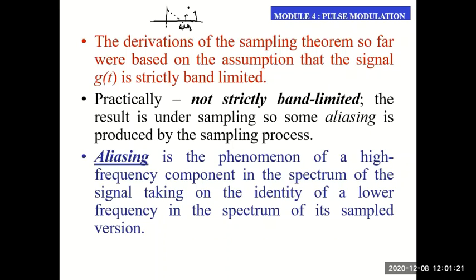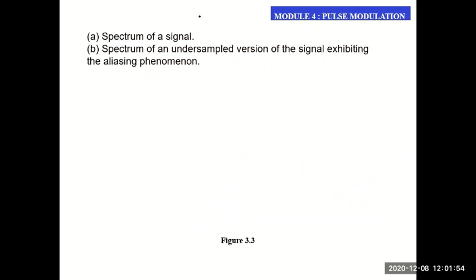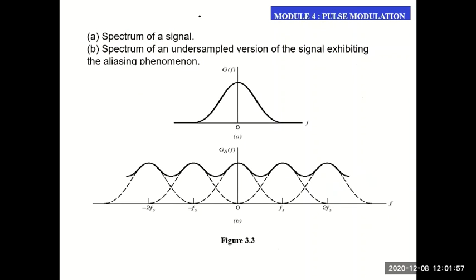I may get a high frequency shrill noise moving a chair, something at 6 kilohertz, another noise at 10 kilohertz. So when you don't band limit correctly, all these components will get added. And what will happen is this high frequency component takes on the identity of a low frequency component in the spectrum, in the frequency domain, not here. And when that happens, it will cause this aliasing effect. So let's see what is this aliasing effect.